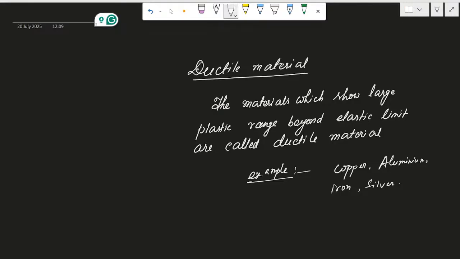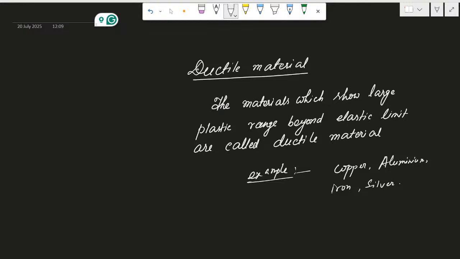But beyond that elastic limit, what will happen? If you deform it, it will not get back to its original configuration after removal of the deforming force. That means it will have some permanent deformation, and that is known as the plastic range.